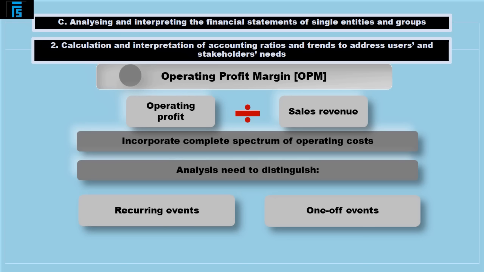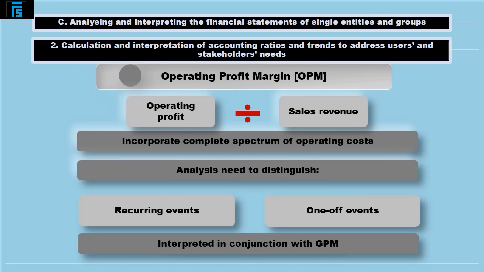It is also important to remember that as a company increases its sales levels, only some of the operating costs are expected to grow at the same rate as revenue, with others staying relatively fixed. Analysts typically compare changes in operating profit margin to those in gross profit margin.